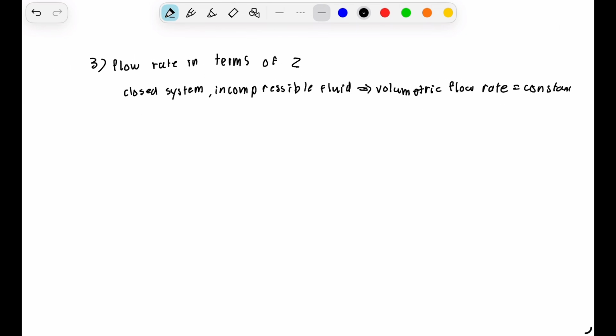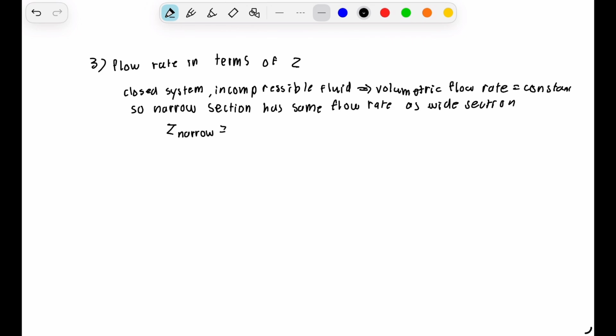So your narrow section has the same flow rate as the wide section. So that V, or we can say Z, because that was what our speed was represented as, the narrow is equal to Z. So your answer is Z.